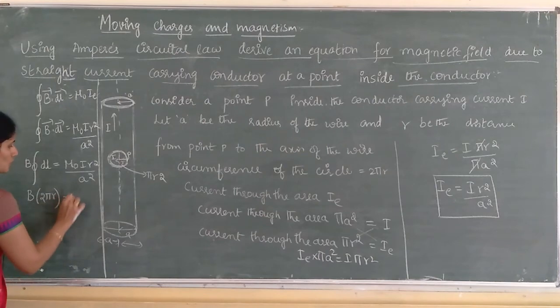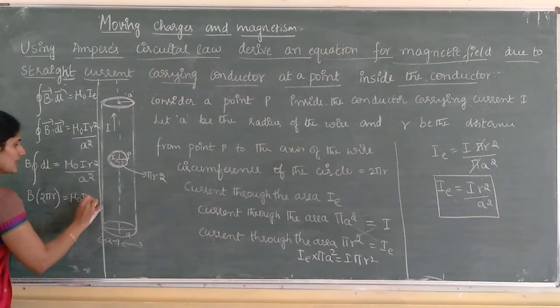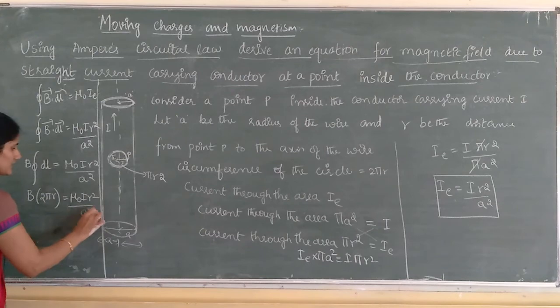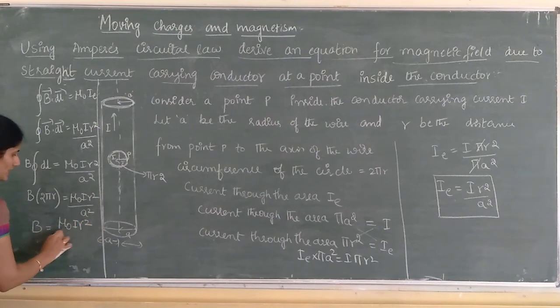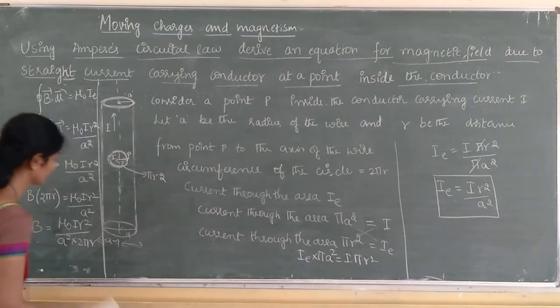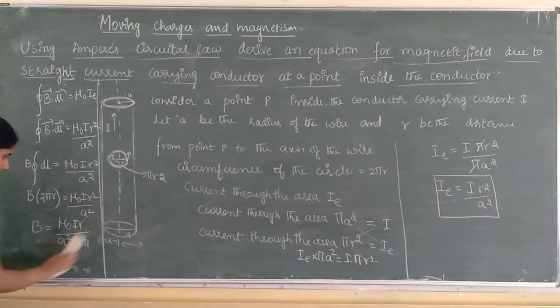So, B is equal to mu naught I r square divided by a square into 2 pi r. So, r cancels.